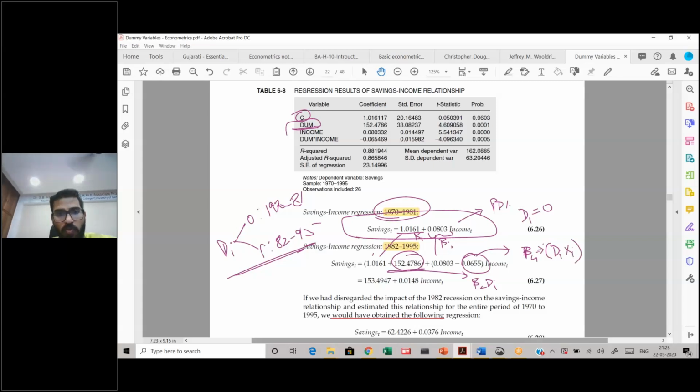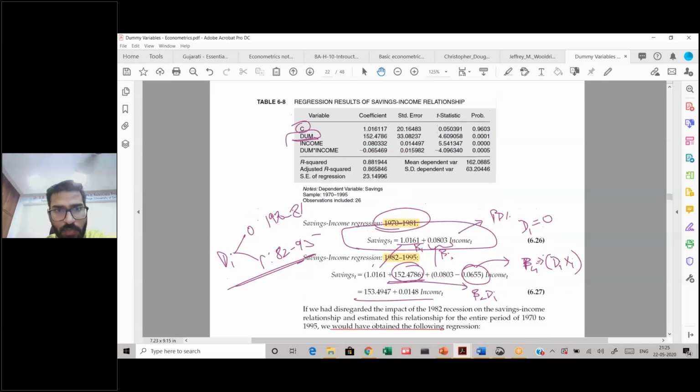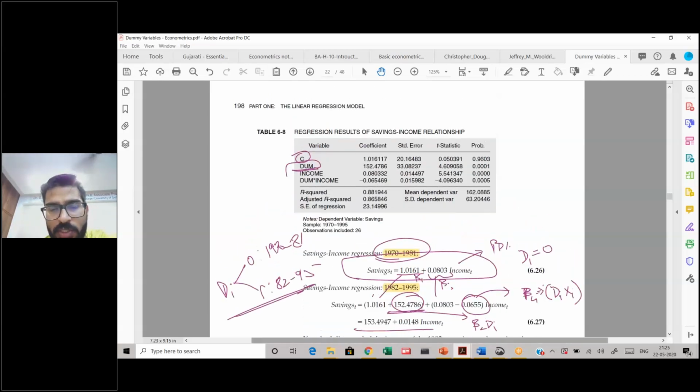Now, we have this regression. If you see, the t values here are pretty large, which essentially means that all the probabilities are going to be significant. The intercept does not matter actually.